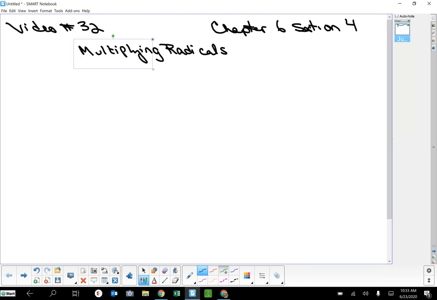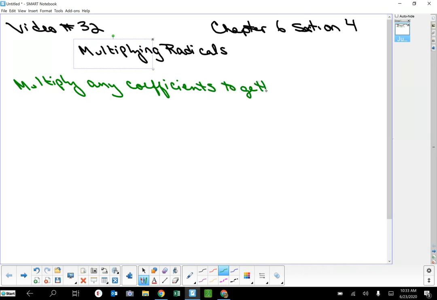Essentially, there's one big rule here. You are going to multiply any coefficients together and keep it as a coefficient.